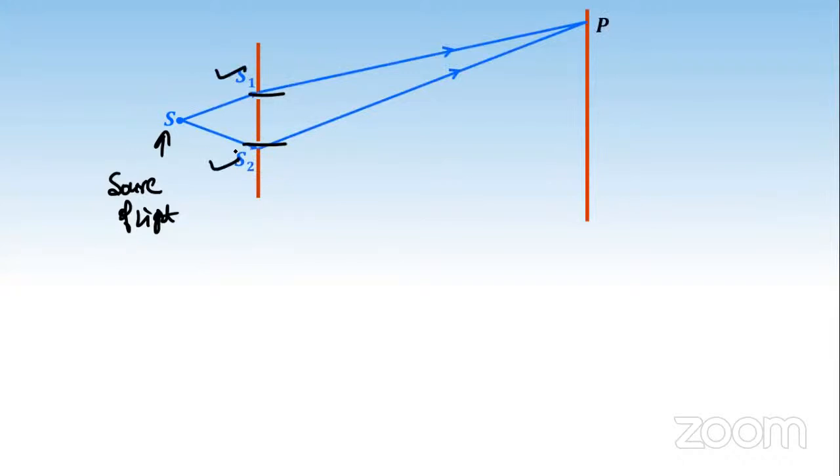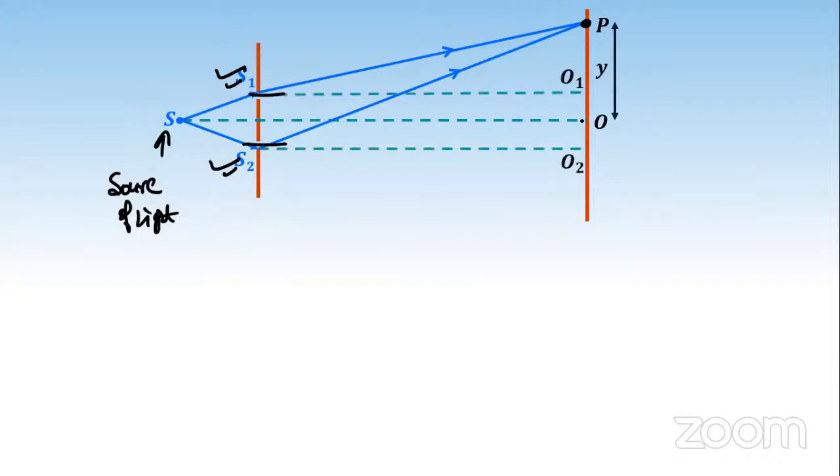So what will happen? Light rays will pass through S1 and S2 and overlap here on the screen like this, and a pattern will be built here.